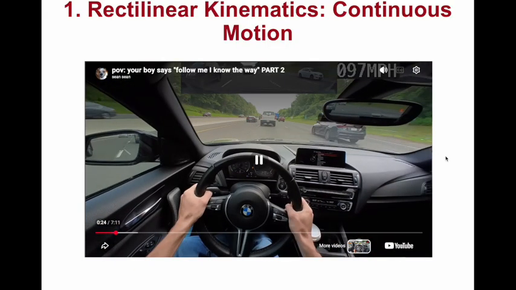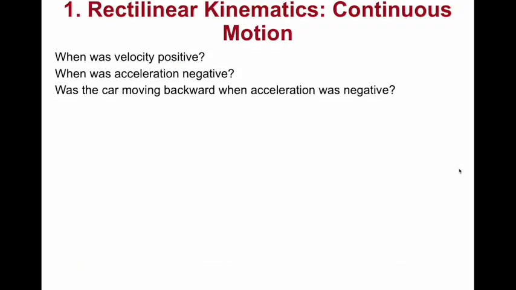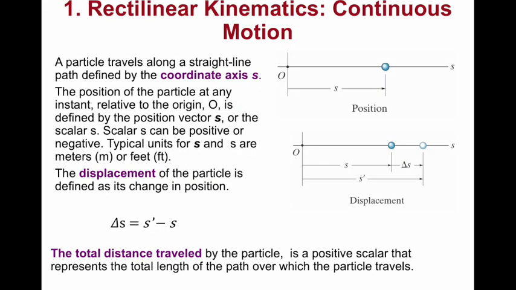After watching this video, we can ask some questions that I want you guys to think about a little bit. When was the velocity positive? When was the acceleration negative? Was the car moving backward when the acceleration was negative? Not necessarily, right?